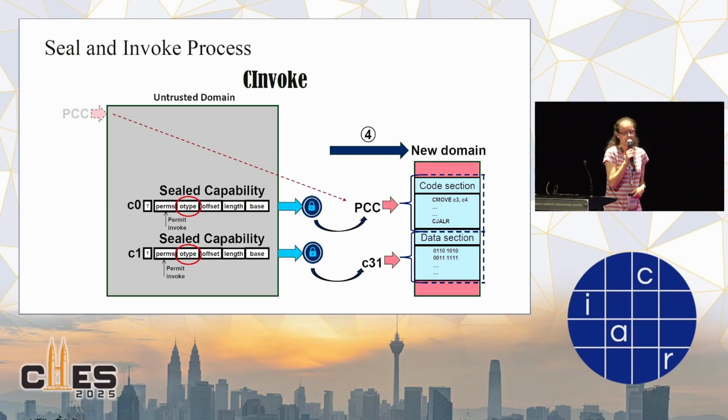If they are the same, then the sealed code capability gets copied into the program counter capability, and the sealed data capability gets copied into the data register capability, and these are both unsealed. This creates our domain transition, and now the enclave code is run from the start of that program counter address.